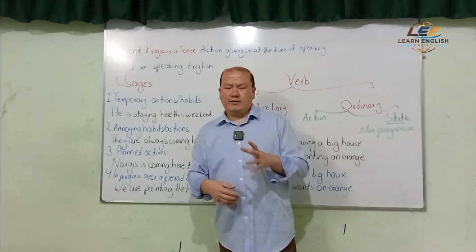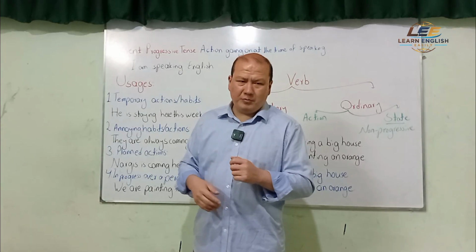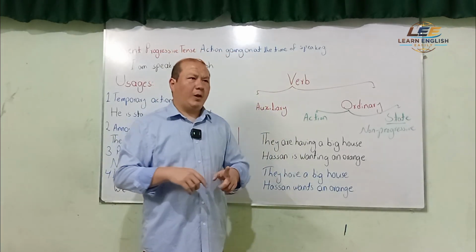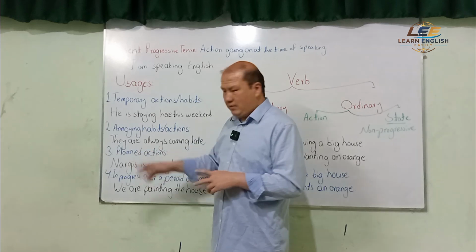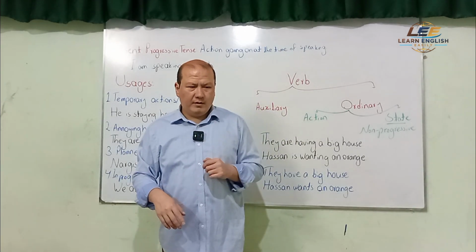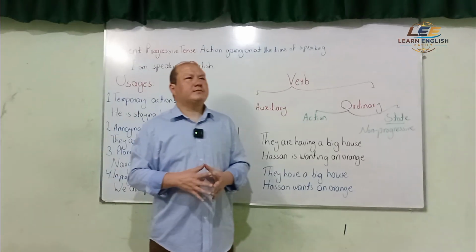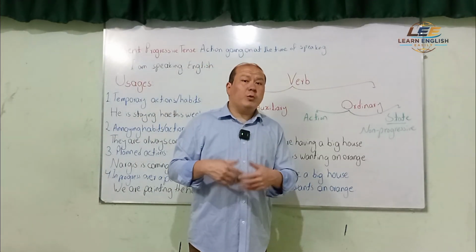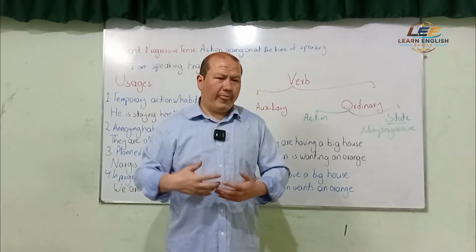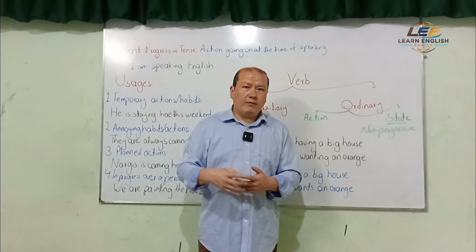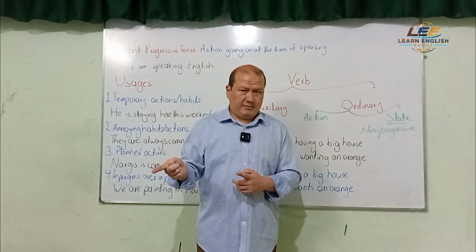It might be useful to differentiate between two things. One, planned action, and on the other hand we have scheduled action. Okay. Scheduled action might also be future. For scheduled action, we use simple present tense.